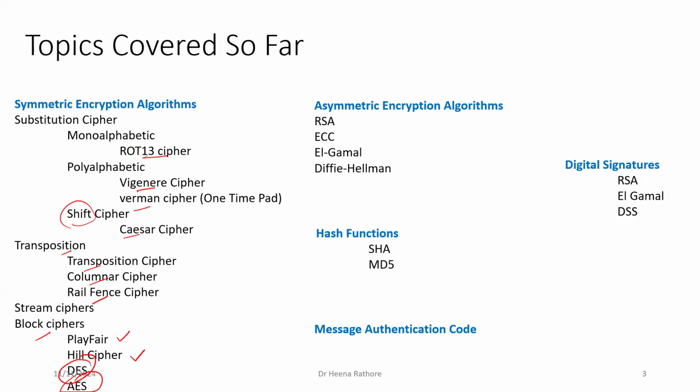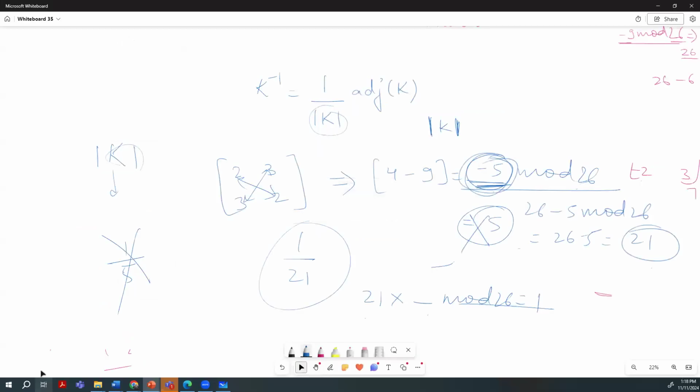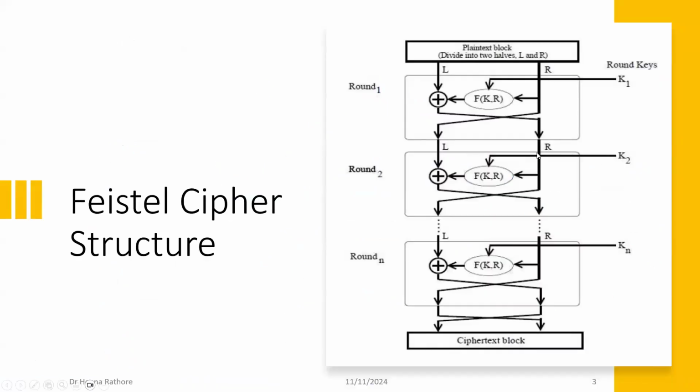But before I go into making you understand the standard, the very important thing for you to understand is the Feistel cipher structure. This is a Feistel cipher structure, which is also very important.